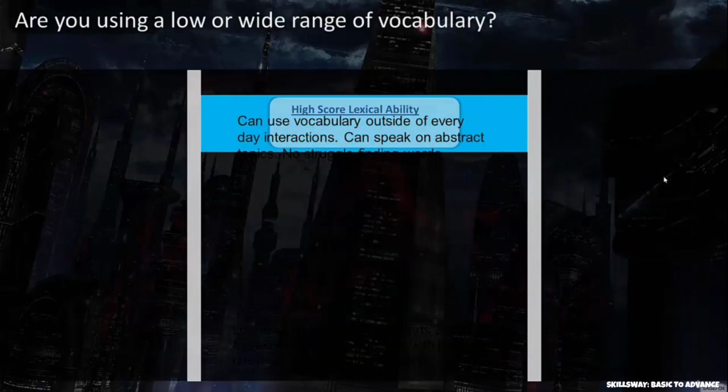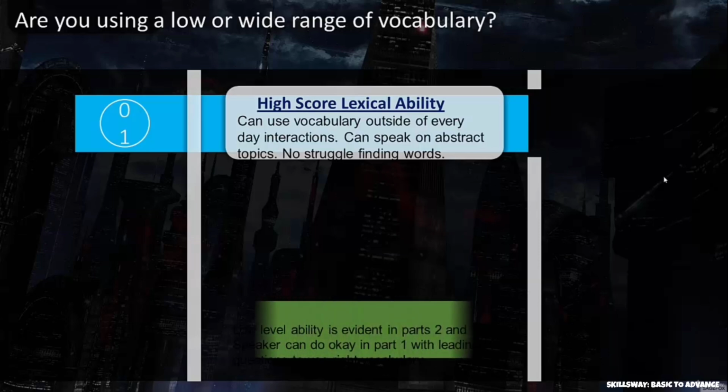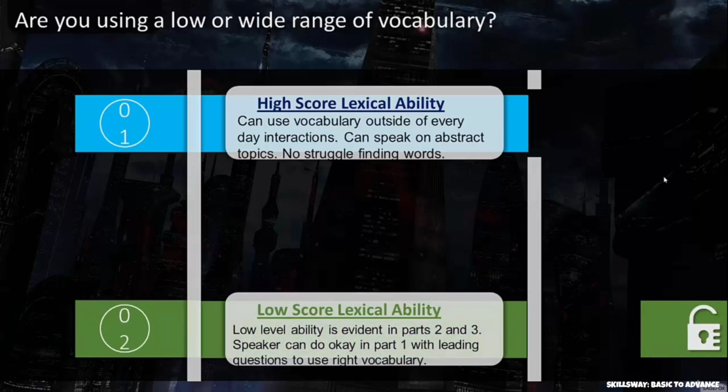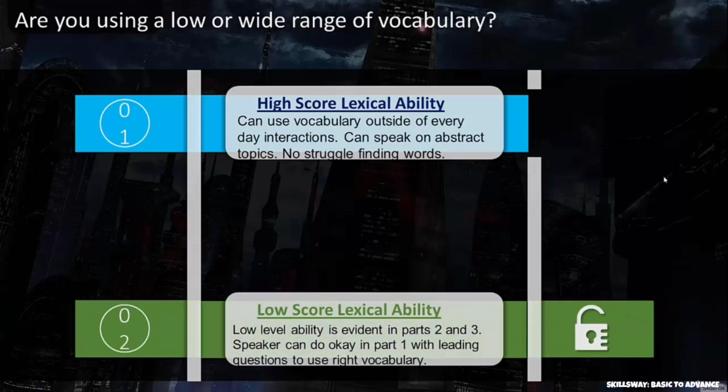All right. Now, are you using a low or wide range? When you talk about a high band score, are you really using vocabulary that's outside of everyday interactions? Can you speak about abstract topics?